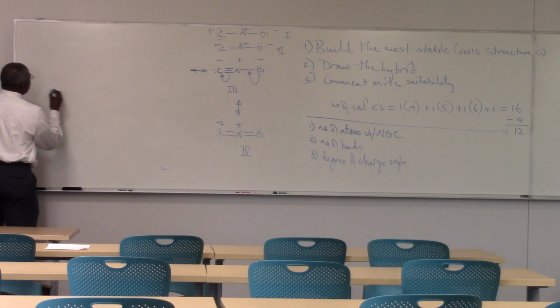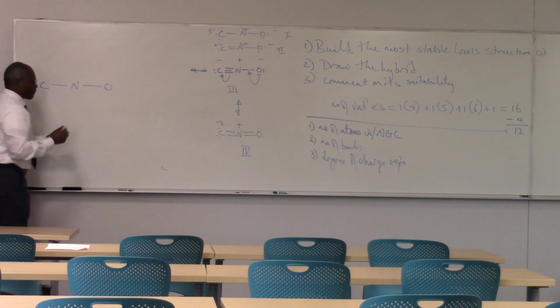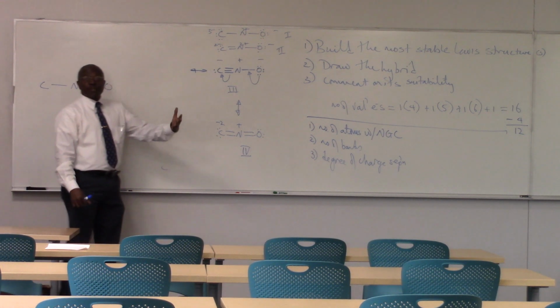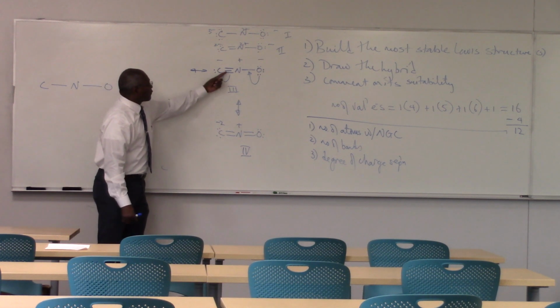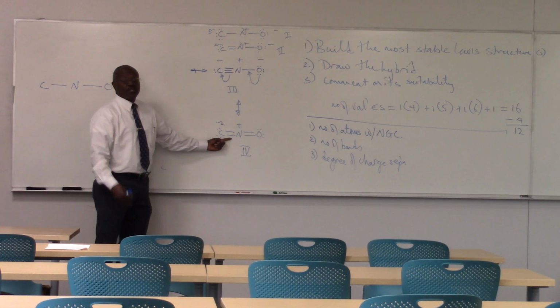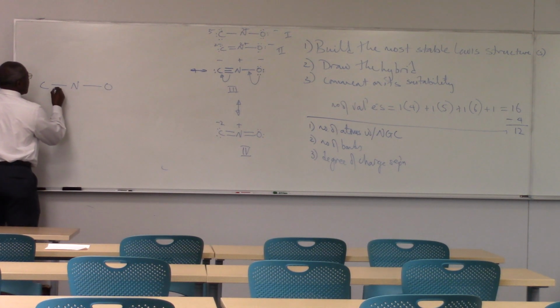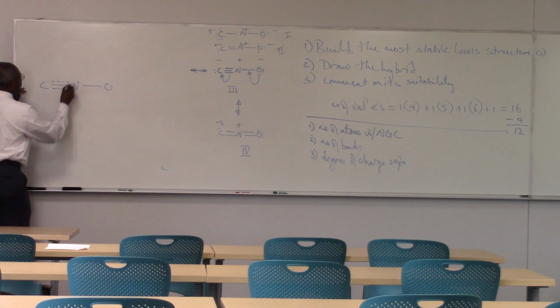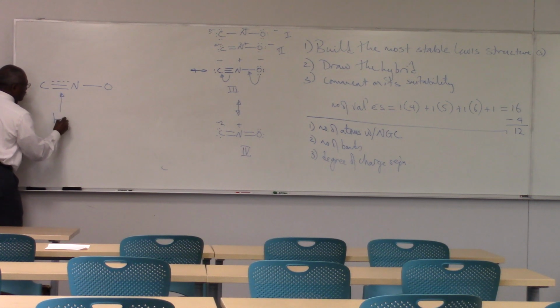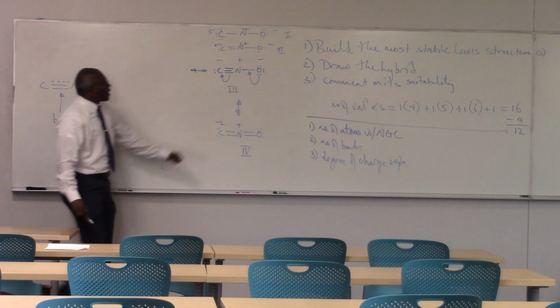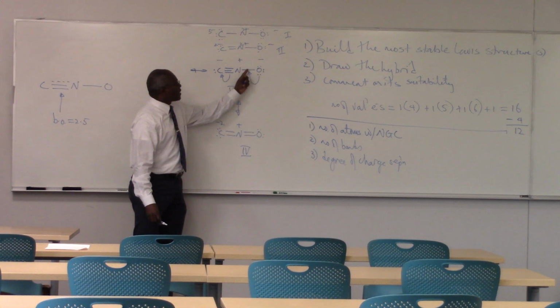So the hybrid is going to have C, N, O. How many bonds between the C and the N? Well, it's an average. The average of 3 and 2 is 2.5, because 3 and 2 is 5. So there's going to be a bond order of 2.5. How many bonds are between the N and the O?